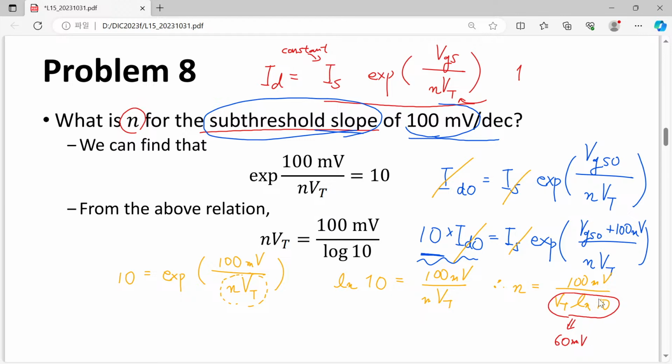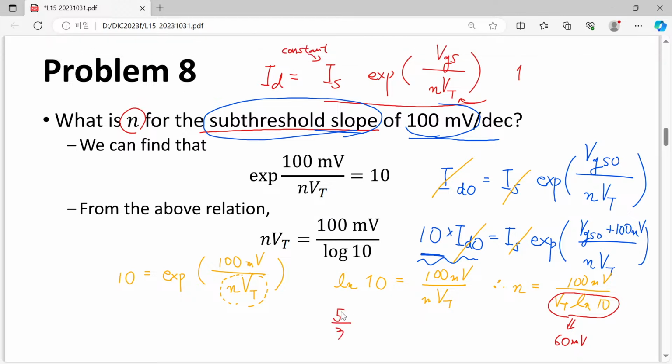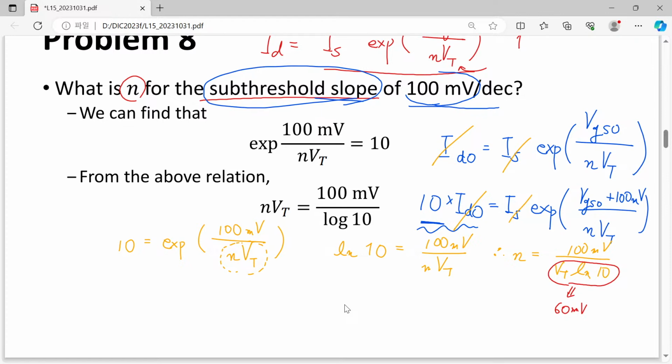So the answer will be about 5/3, but you can of course calculate a quite exact value. Anyway, that is the way to calculate our N value. Of course, in the ideal case N should be quite close to 1. If we have an N value really close to 1, then we achieve the case of 60 millivolt per decade.